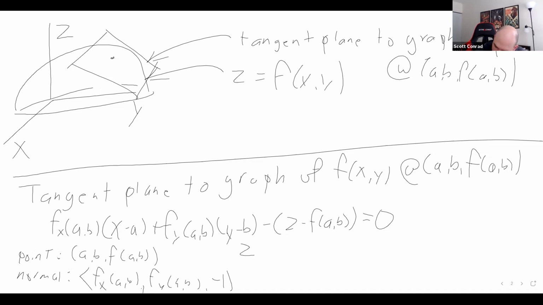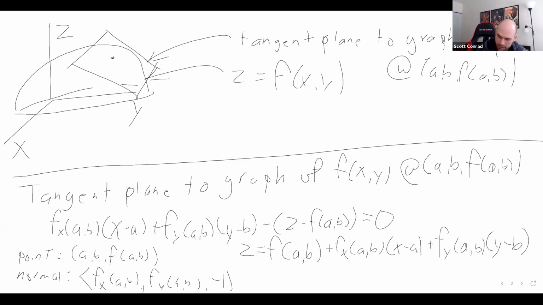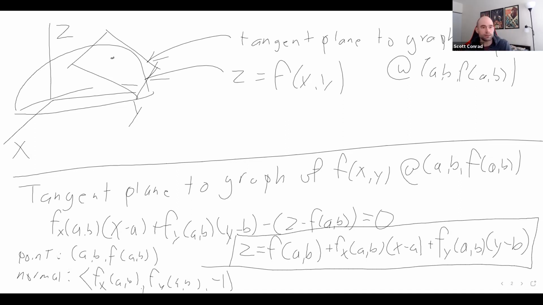Bringing the z over, z is equal to f(a, b), the value of the function at our point (a, b), plus the partial with respect to x at (a, b) times (x minus a), plus the partial with respect to y at (a, b) times (y minus b). And that's the formula I would have memorized.